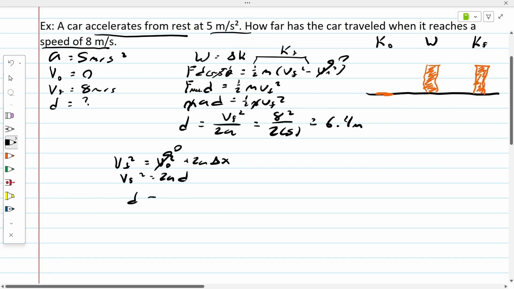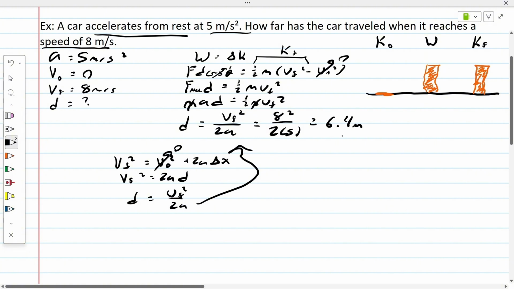If you solve for distance, you would get the same equation as before using kinematics. That's the cool thing about physics: as long as you're not breaking any principles, you can use different methods to get the same answer.